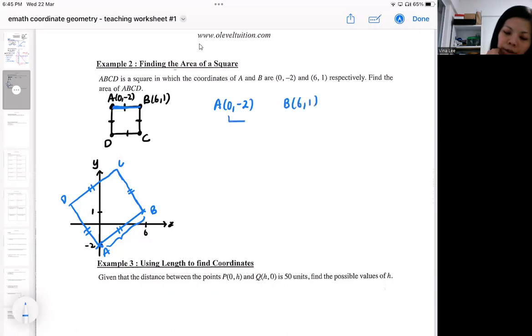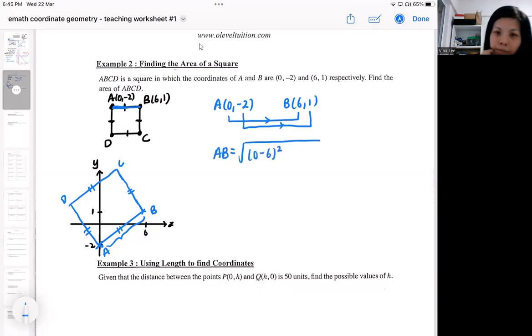I'm going to subtract the x coordinates, subtract the y coordinates, then apply the formula. I subtract the x coordinate, square it, subtract the y coordinate, and square it.